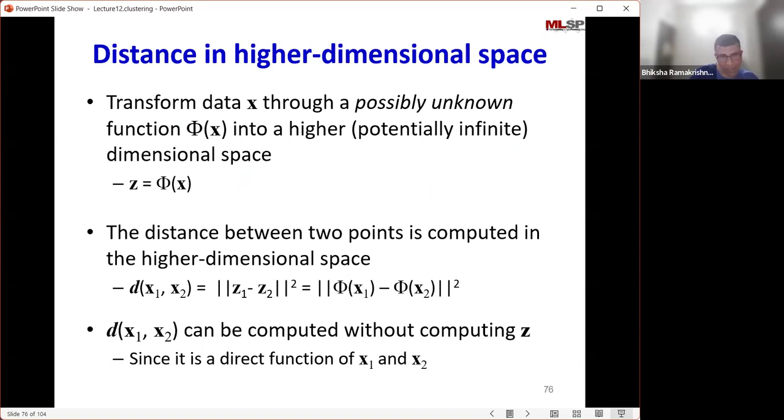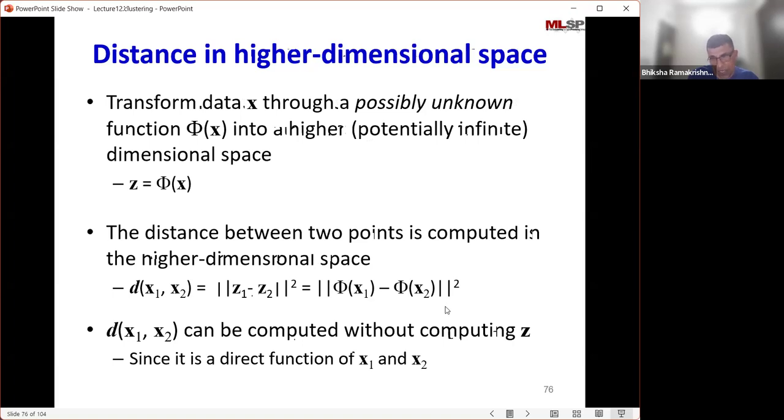Now look at this. This distance in the higher dimensional space, do I need to explicitly compute phi for this? Or can I just view it as some function of x1 and x2 in the lower dimensional space? What do you think? Look at this.